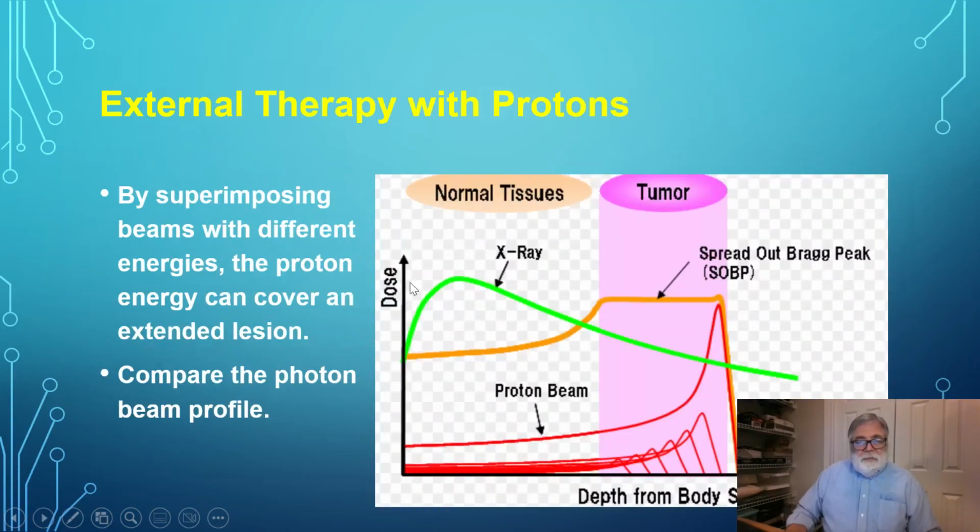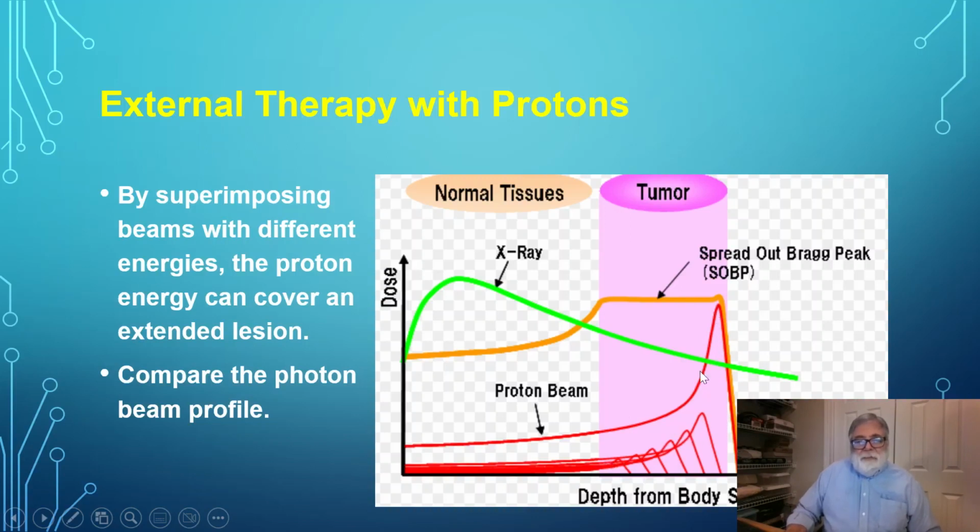Another technique we can use is, suppose the tumor has an extent. It's not a point. It's over an extended distance. One thing we can do is have multiple proton beams with different energies, and then deliver them for different amounts of time.